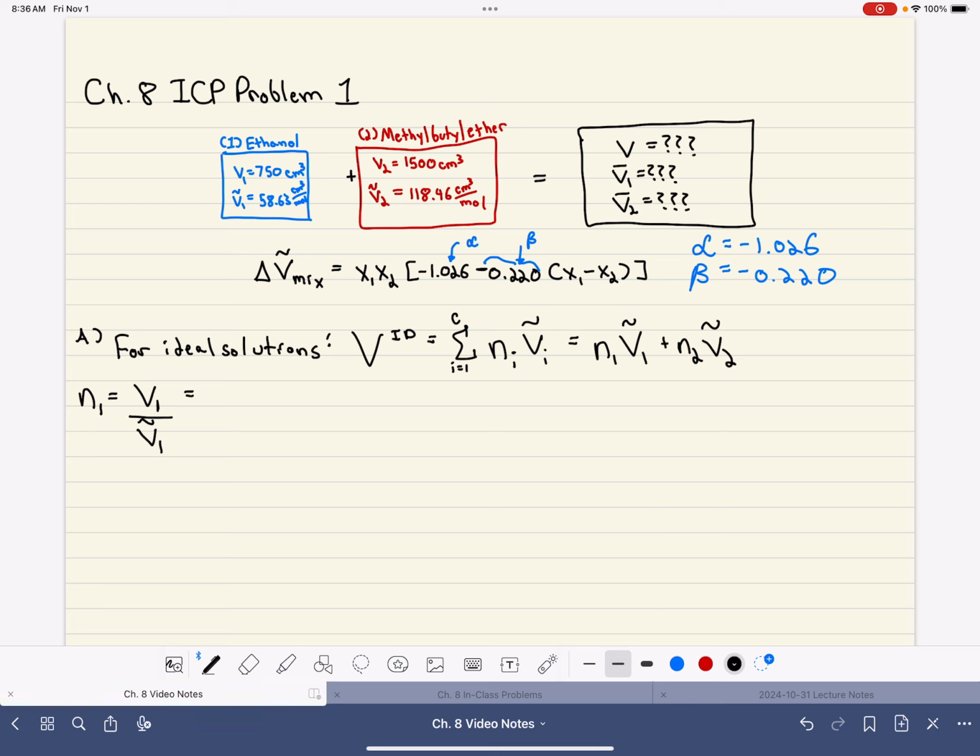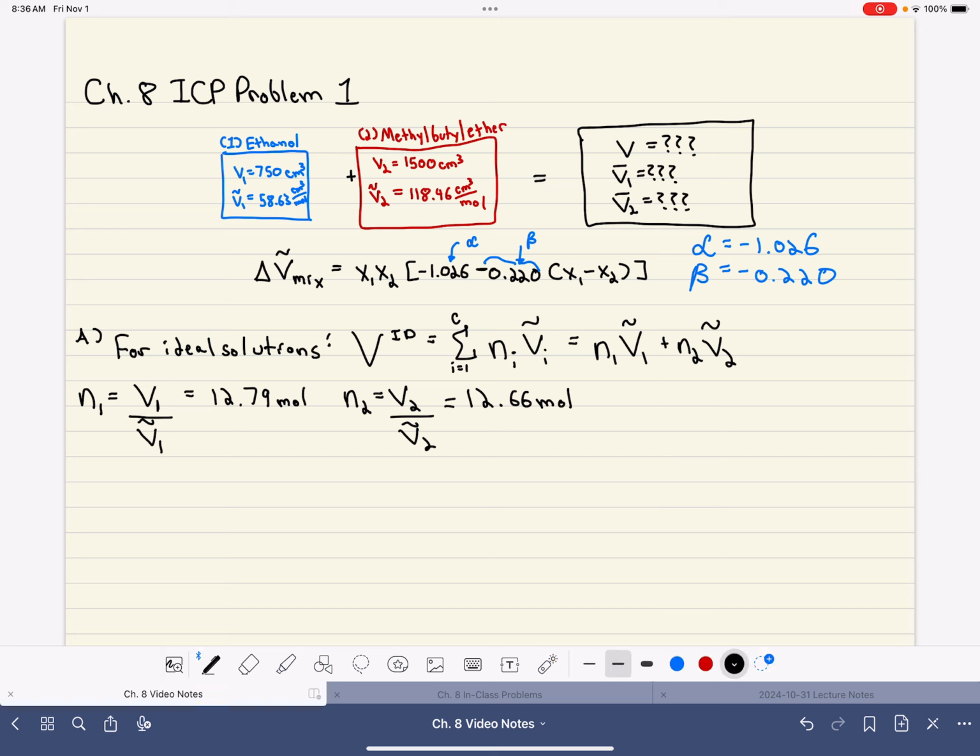And so here, we're going to end up with 12.79 moles of ethanol. And we could do the same thing with species 2. Here, we end up with 12.66 moles of the methyl butyl ether. And so even though the volume of the methyl butyl ether was double that of the ethanol, in terms of moles, we actually have slightly more ethanol than methyl butyl ether.